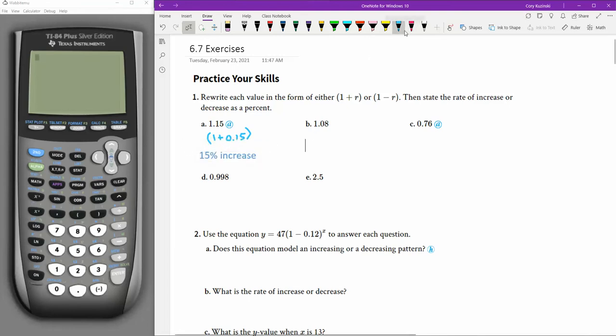I guess I could do this all with typing, couldn't I? Let's call this 1 plus 0.08, which is an 8% increase.